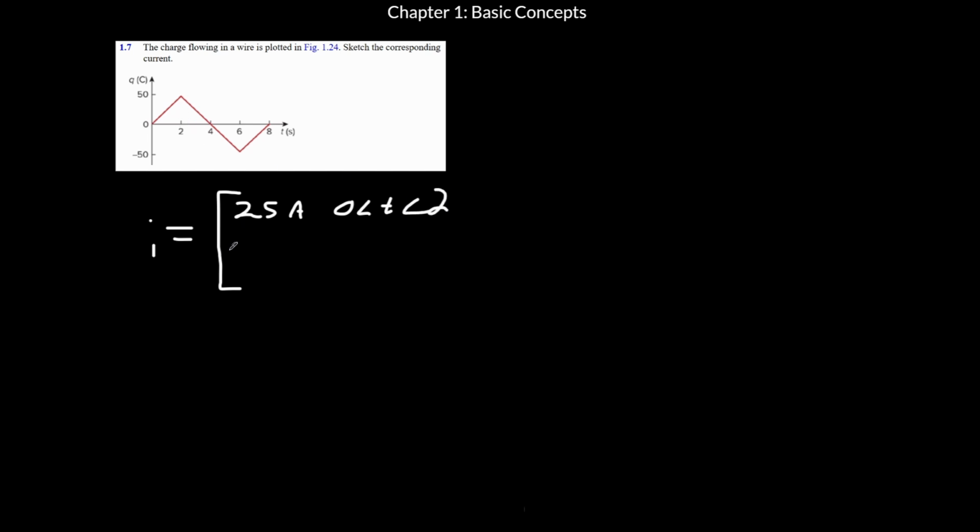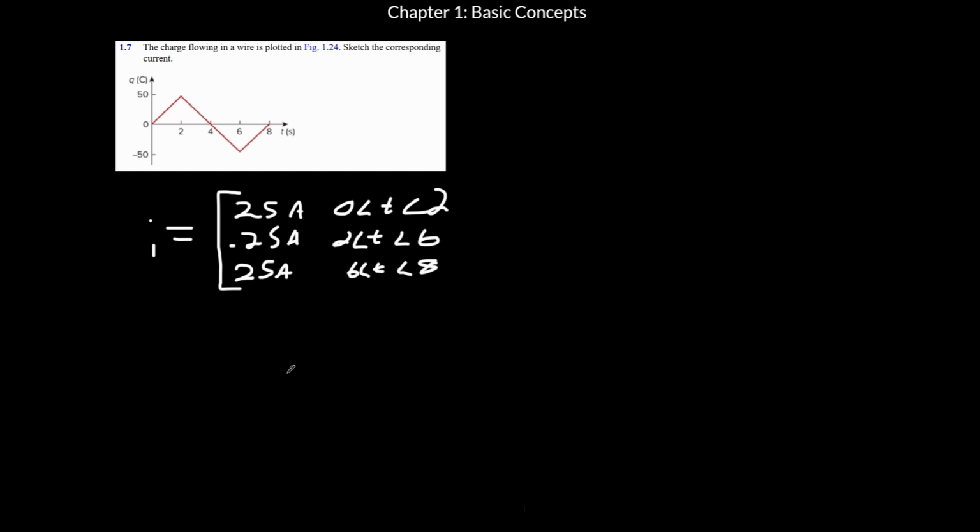And then we're going to have negative 25 amps from 2 all the way to 6. And then from there, we're going to have 25 amps, from 6 to 8. I keep forgetting the sign here.